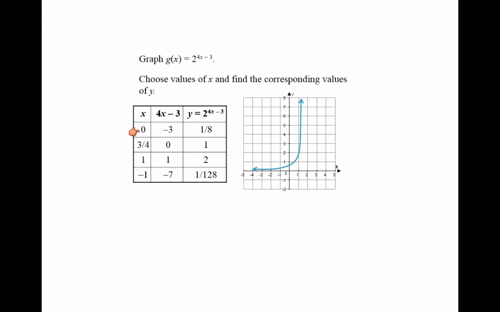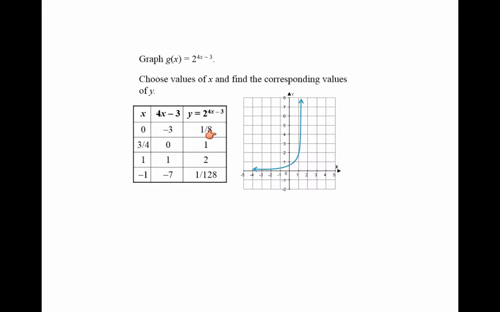So if x is equal to 0, 4x minus 3 would be 4 times 0 minus 3, which is equal to negative 3. So g of x would be 2 to the power of negative 3, or 1 over 2 to the power of positive 3, which is equal to 1/8.